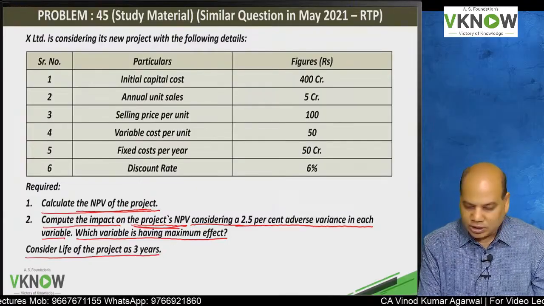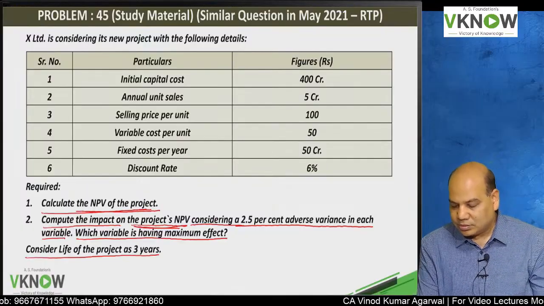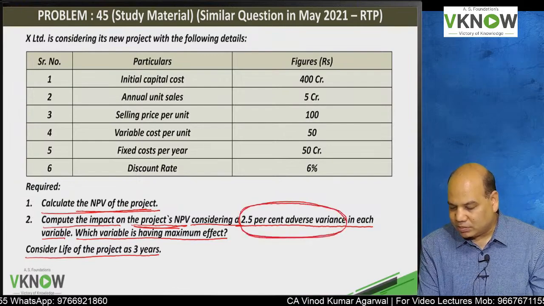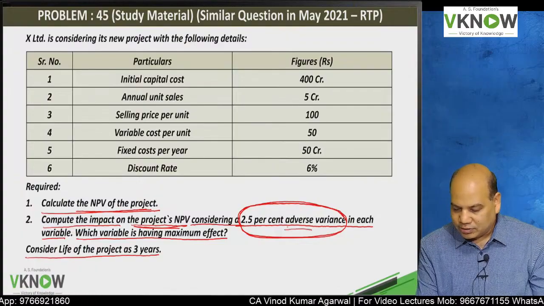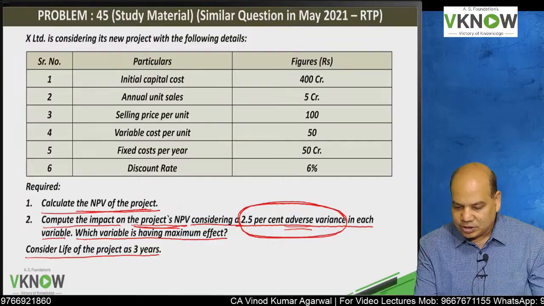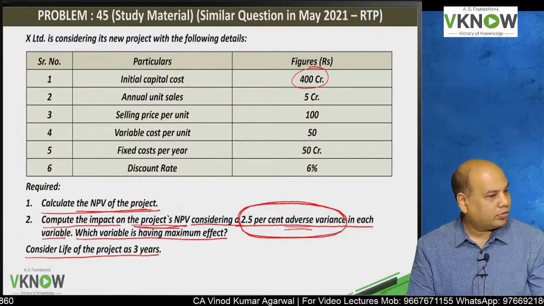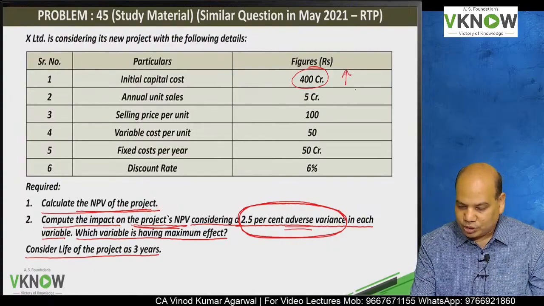So what do you mean by that? It means that this sensitivity will be done by changing each variable by 2.5% adversely. Adversely means, in case of capital cost, it will increase by 2.5%.